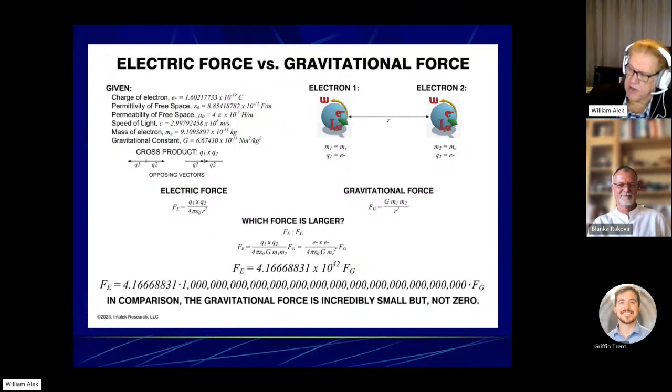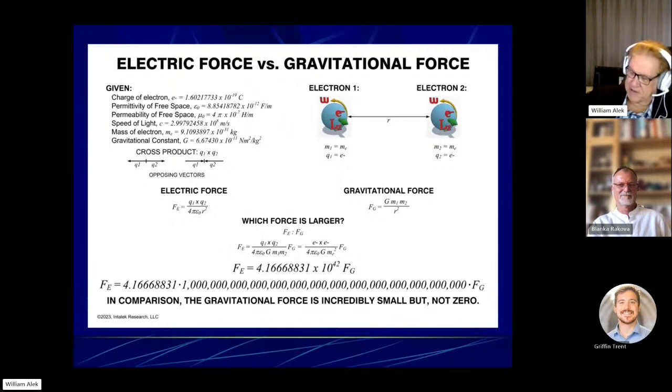Gravity, as we know, is an extremely weak force, and when you contrast it with the electric force, we see a difference of 10 to the 42nd power, but it's not zero.